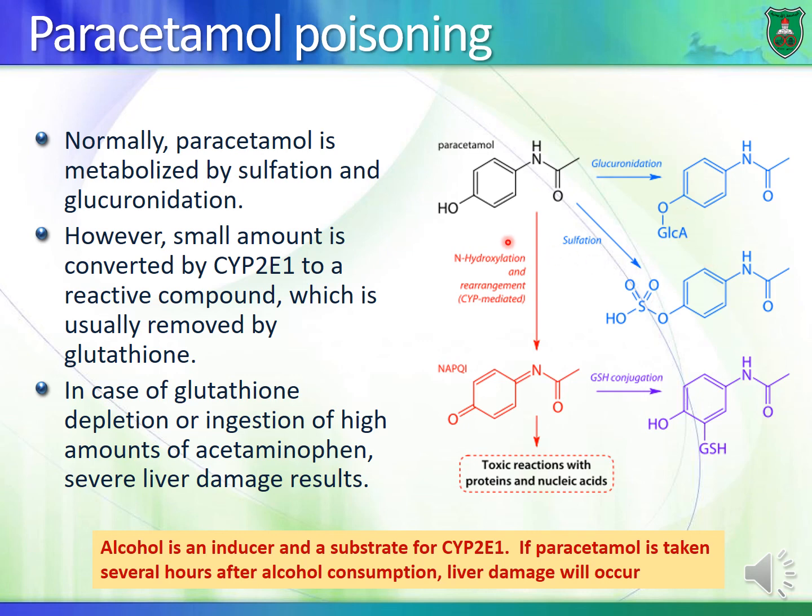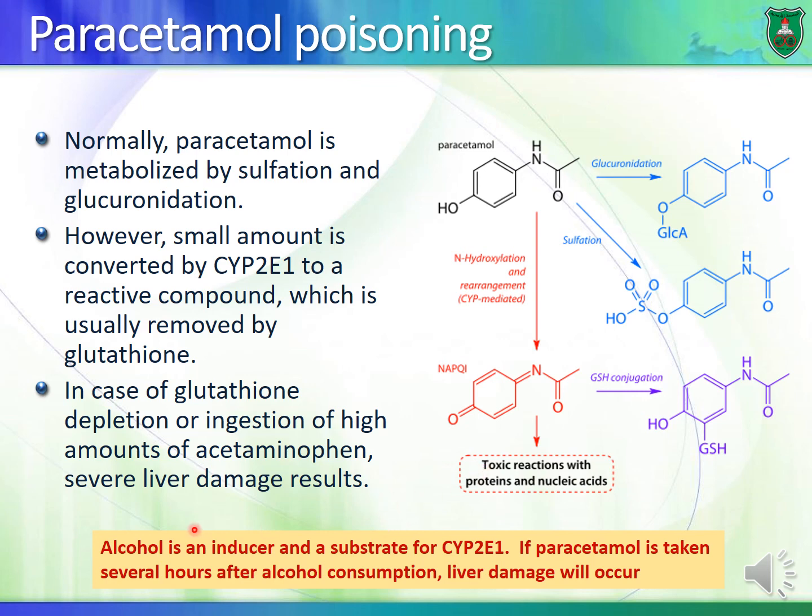Now, some of the paracetamol can be modified by cytochrome 2E1, resulting in the formation of a reactive compound. Now, this reactive compound is quickly removed by glutathione. Okay, so it's not toxic anymore, but if it stays for a long time, if there's glutathione depletion for one reason or another, then this molecule can interact with other proteins and nucleic acids in liver cells, resulting in toxicity.